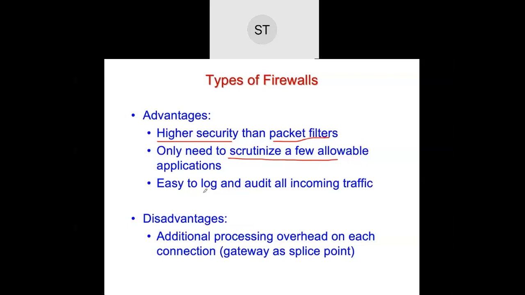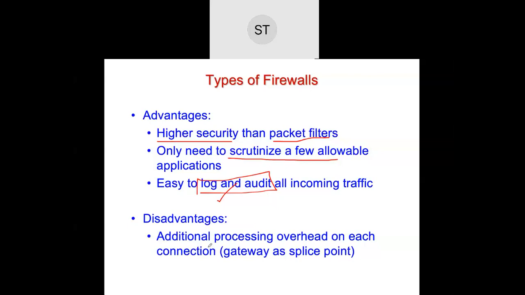And very important is log and audit is available, because the application level gateway or proxy is a simple machine which has two different interfaces. One is for inside connection, other is for outside connection. And as it is a machine, it is very easy to capture the entire log. It is very easy to implement the authentication mechanism.